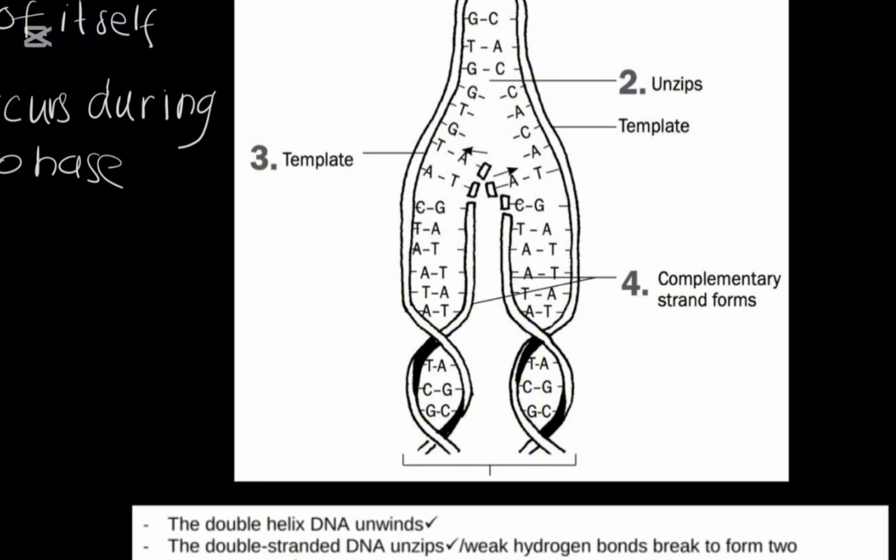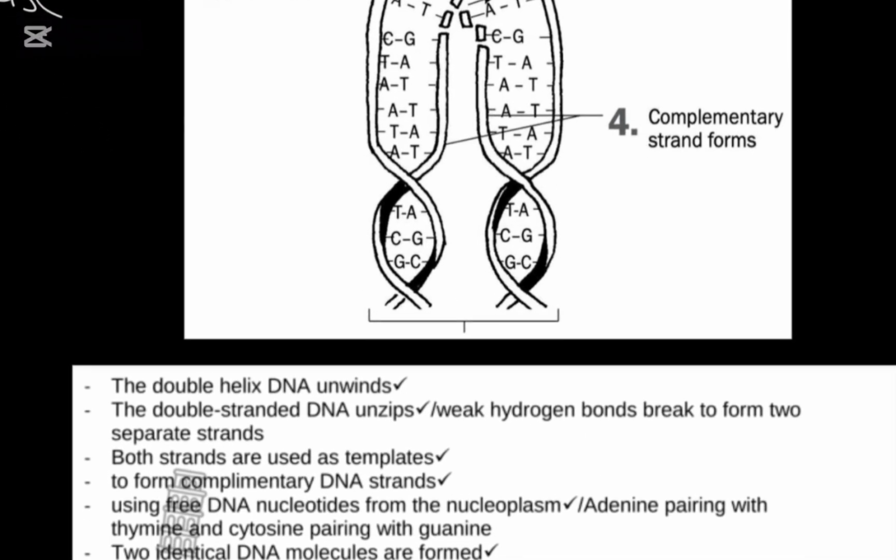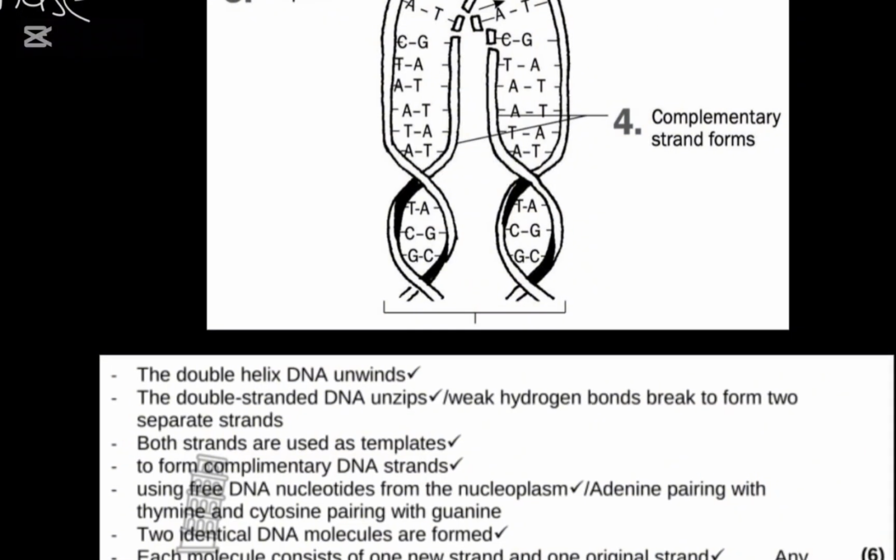The complementary strand also bonds to the original strand following base pairing. That's basically what it means. Just some fancy words that they use to confuse you, but it's not that deep. And then using free floating nucleotides from the nucleoplasm.